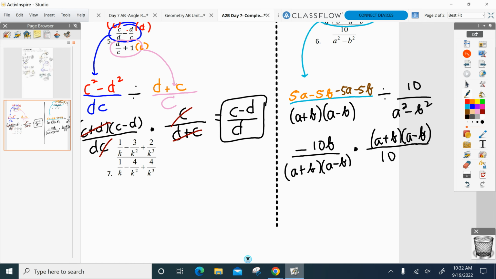What do you want to cross out? The A plus B and A minus B. Yep, I can cross both sets out. Oh, you're done. Oh, sorry. Yeah. You're done. Stop showing off.